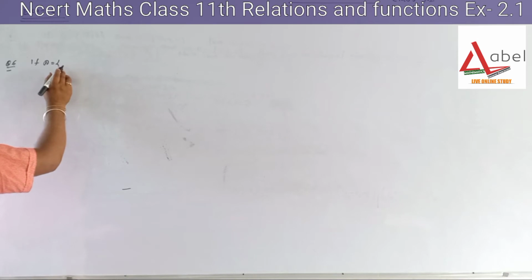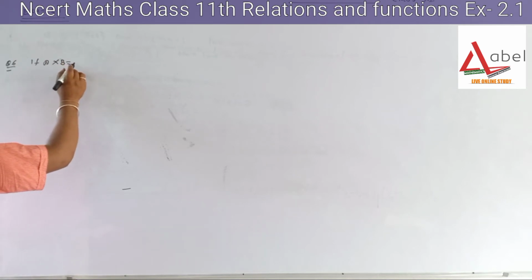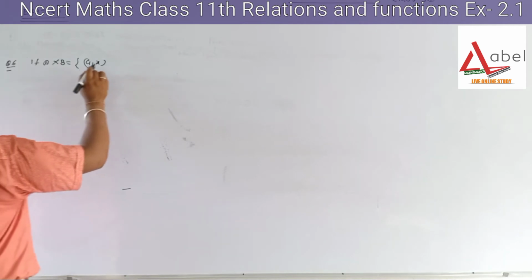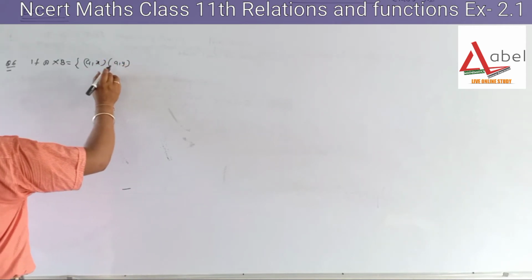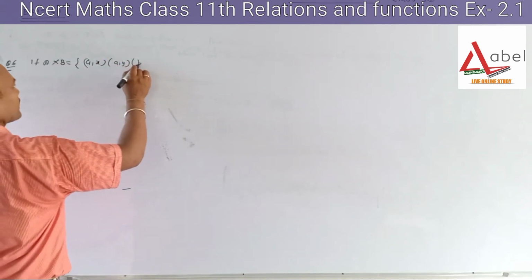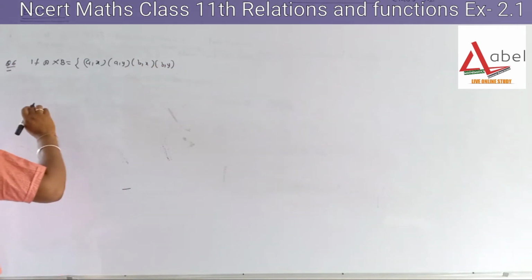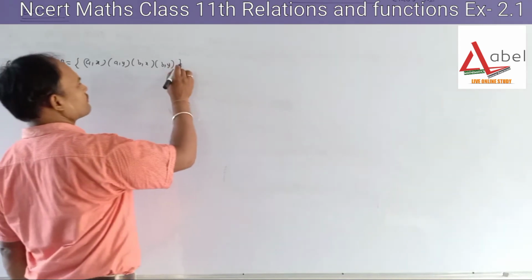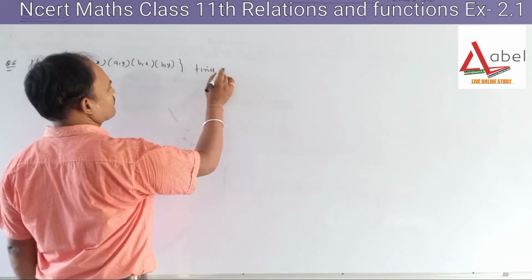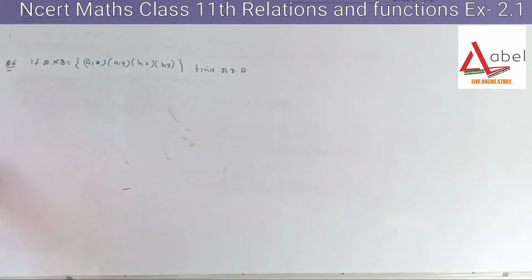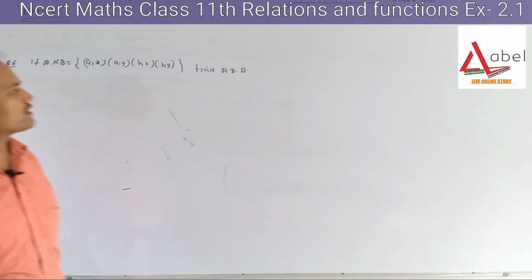Question number 6 is: if A cross B equals {(a, x), (a, y), (b, x), (b, y)}, find A and B. So A cross B is given as (a, x), (a, y), (b, x), (b, y).